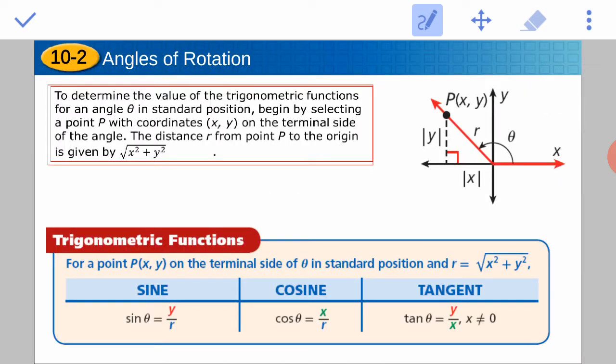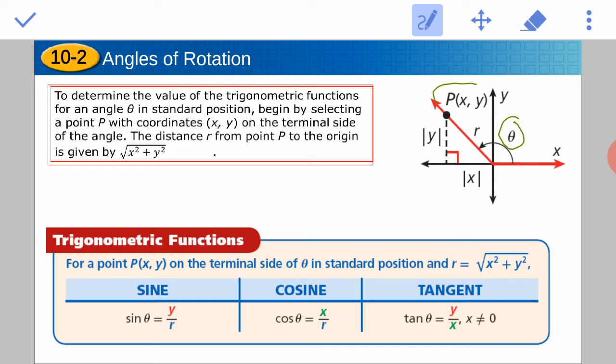One more concept, guys. How to find the 6 trigonometric ratios or the 6 trigonometric functions of an angle in the standard position. So we start with an angle theta in the standard position. So this is the initial side and this one is the terminal side, and we are given one point on the terminal side.